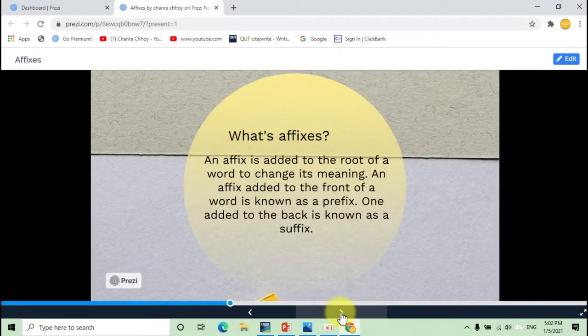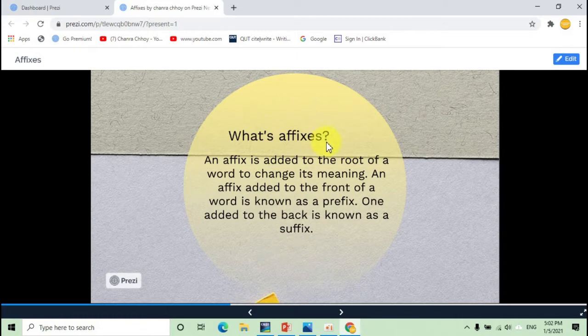So the definition of affixes. What is an affix? The question will ask you what affixes are. An affix is added to the root of a word to change its meaning. An affix added in front of the word is known as a prefix, and one added at the back is known as a suffix.